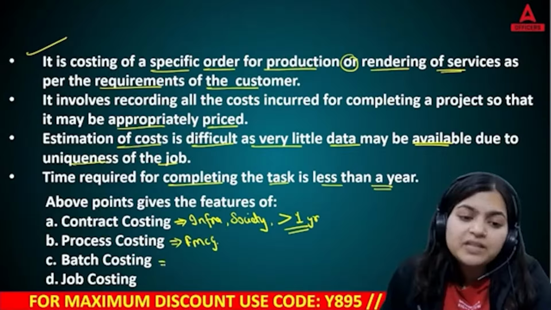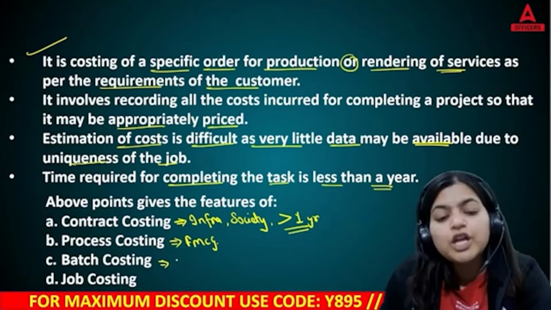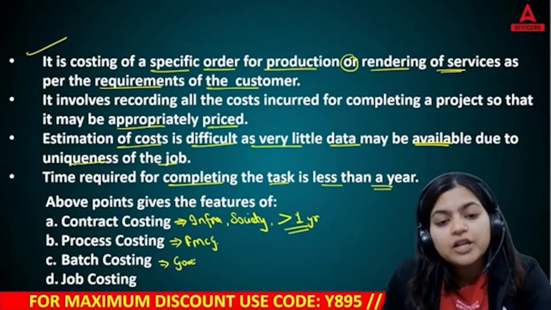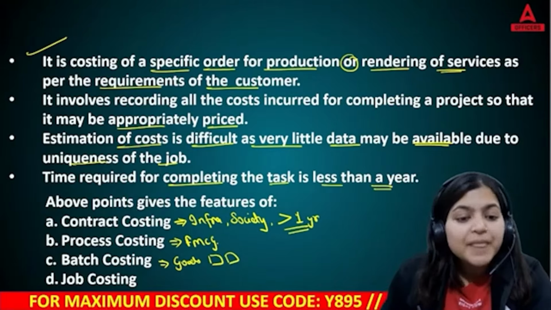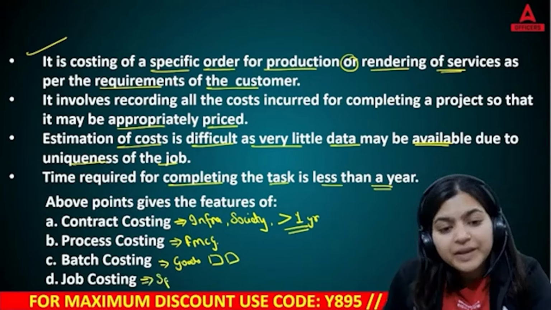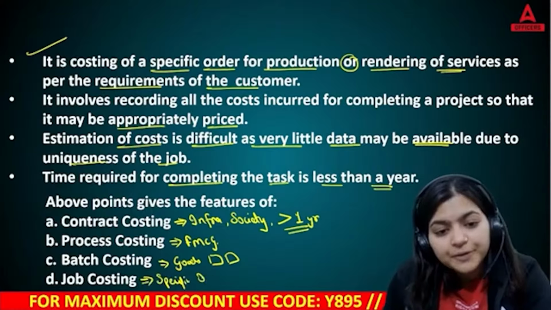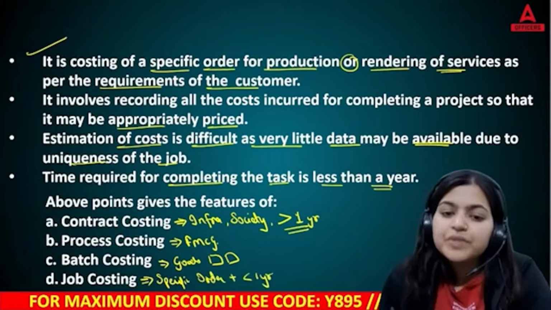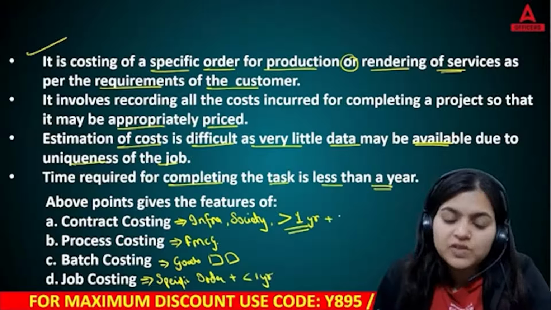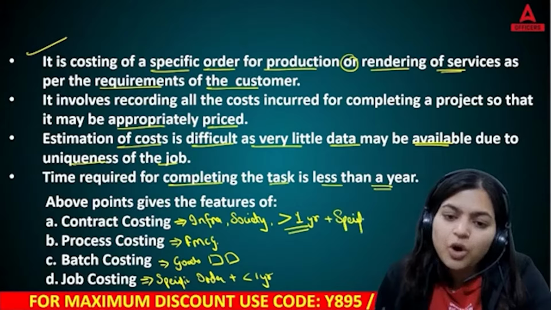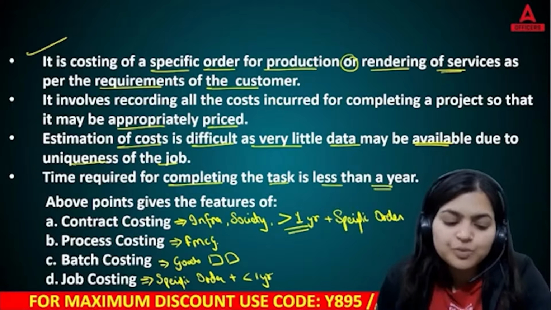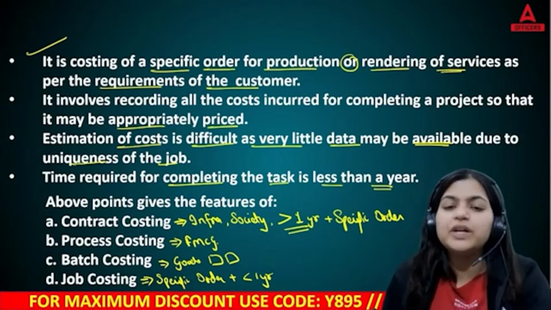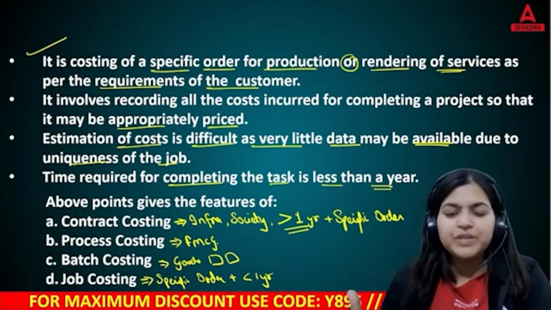Batch costing means here you are producing goods in lots. That is what batch costing. Job costing means here you will be getting a specific order, and your time limit is also less than 1 year. In contract costing also, you get a specific order. As per your customer demand, you are going to construct that building or that society.